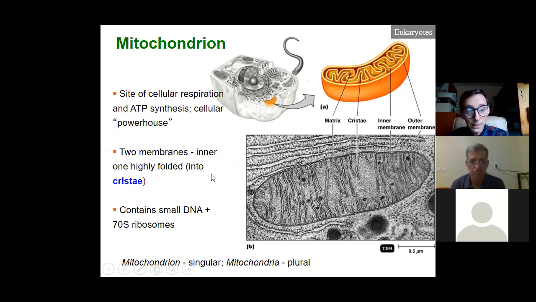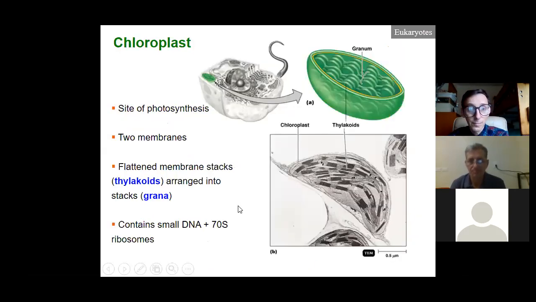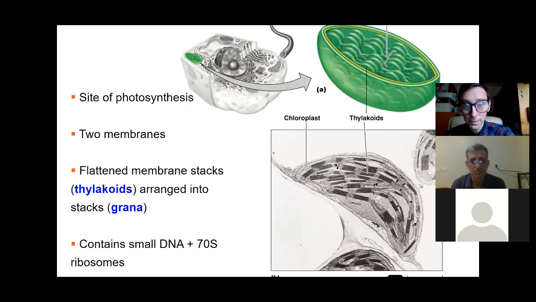So two membranes, and the mitochondria does have DNA, which is one of these dots. And it also has 70S ribosomes in it, which are probably all of these dots we're seeing right there. Chloroplasts are similar to mitochondria in that they have two membranes. They have the outer chloroplast membrane, and then the inner membrane, which makes the structure of the granum. And the granum is highly folded.